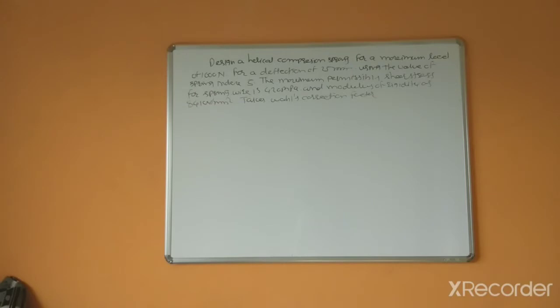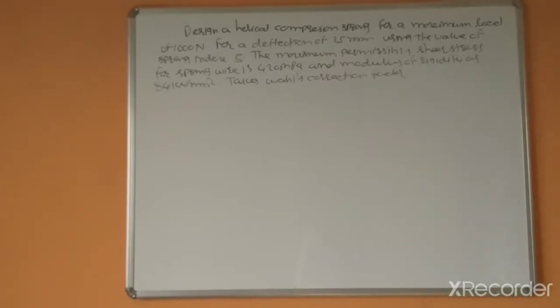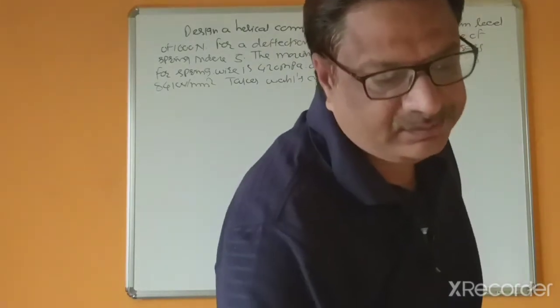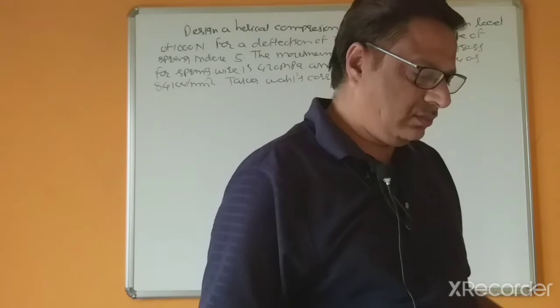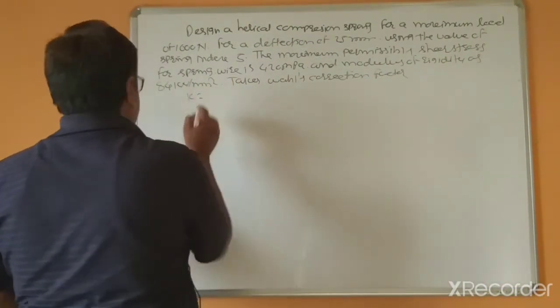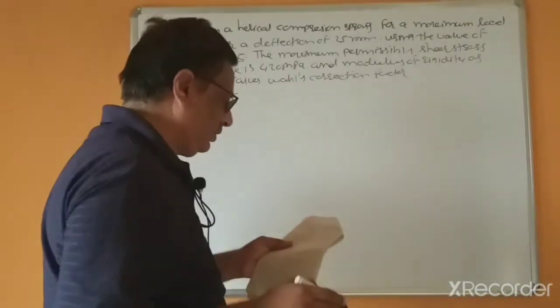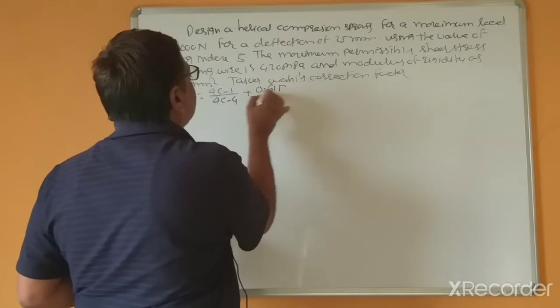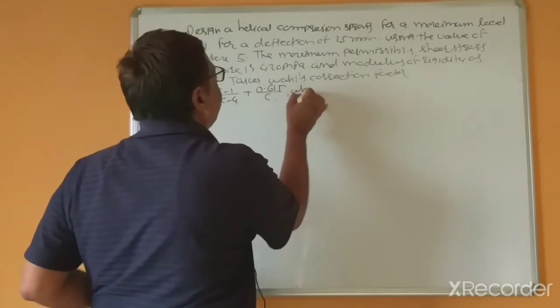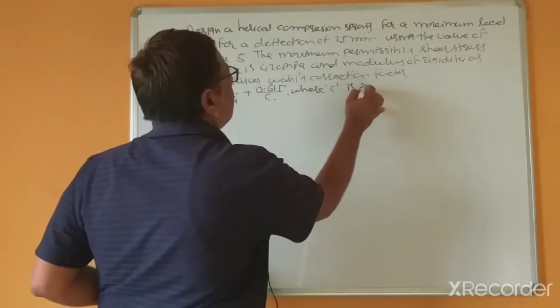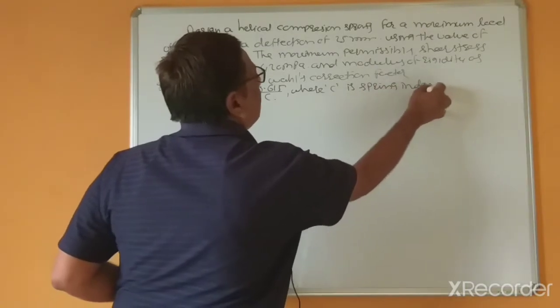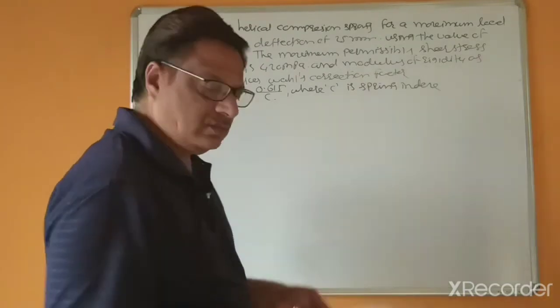That is the number of active turns and the number of inactive turns, meaning NT equal to... as per considerations of the K equal to 4C minus 1 divided by 4C minus 4 plus 0.615 divided by C, where C is the spring index, and this is given.